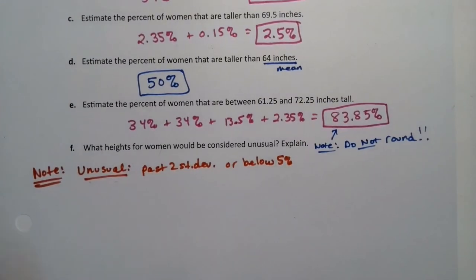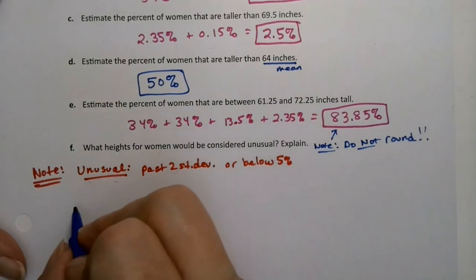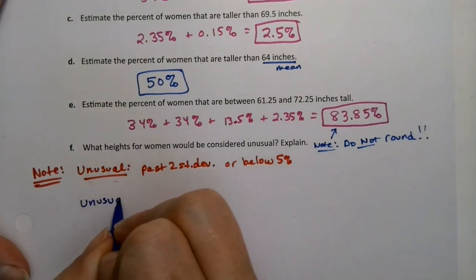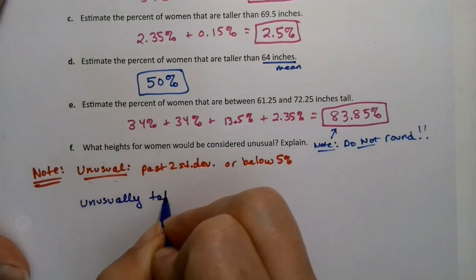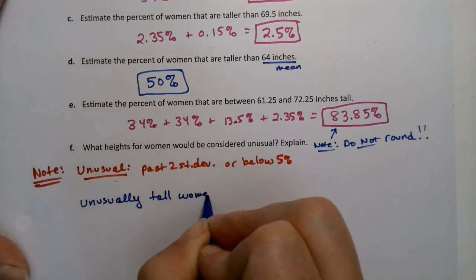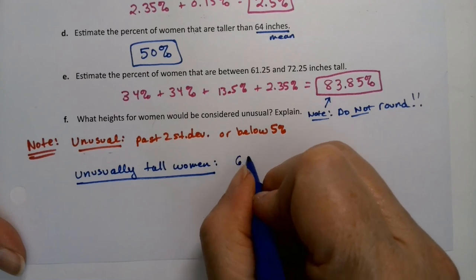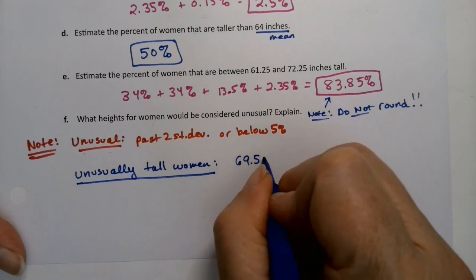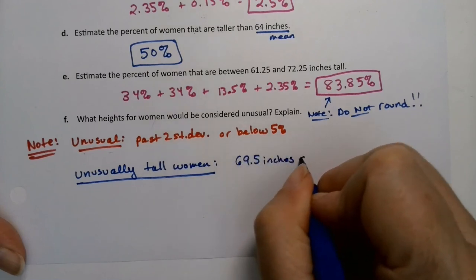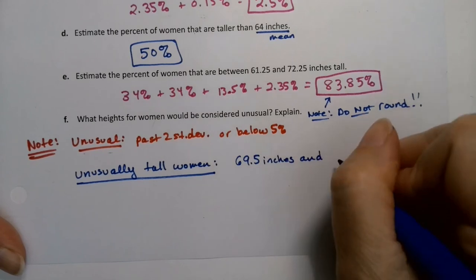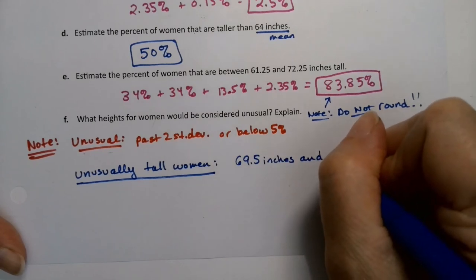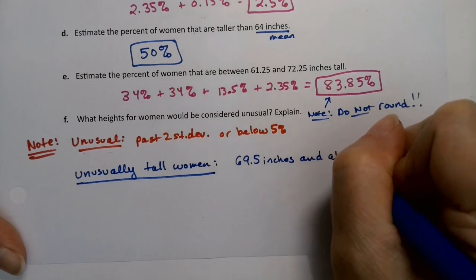So they didn't specify which way they wanted us to be unusual. So you could have unusually tall women, which would be 69.5 inches and above. So if a woman is 69.5 inches or taller, then she is unusually tall.